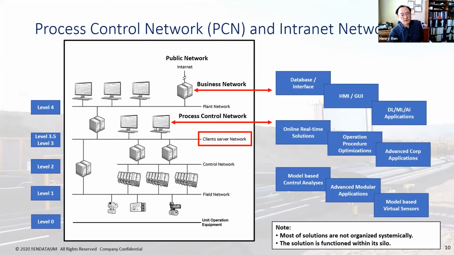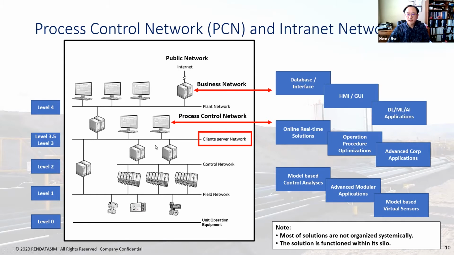So this is to give you the highlights of the network, okay? Basically, in our facilities, it doesn't matter whether oil and gas facility, refinery, or chemical plant, they are basically the same. Level 0 is the unit operation equipment, okay? Level 1 is instruments, some PLCs, sensors. Level 2 is the DCS and SCADA system control.